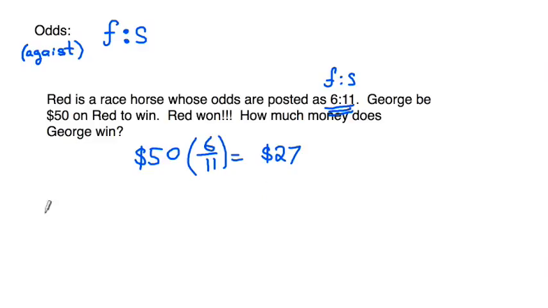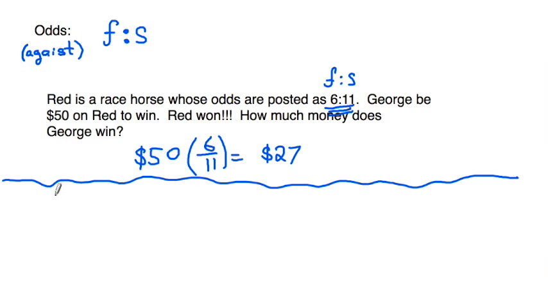All right, so that's how odds are used in calculating winnings for a bet. So how are they related to probability? All right, let's just change it up here. If we look at the probability of an event, the formula is the number of events, the ones you're looking for, out of the total number of everything, in this case, outcomes.